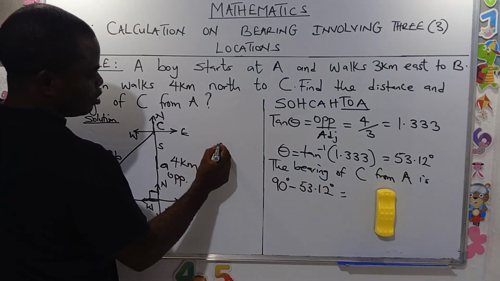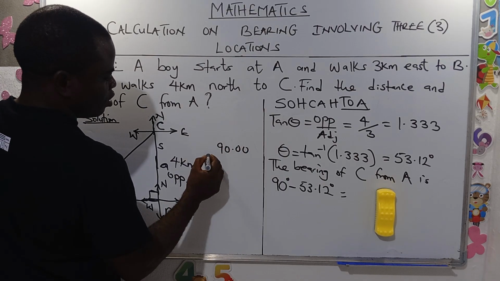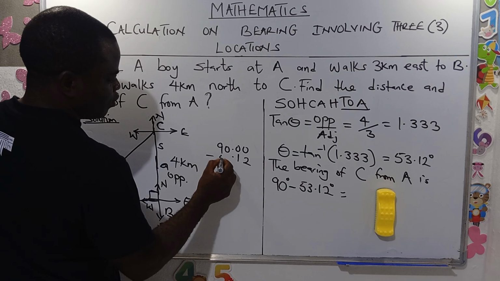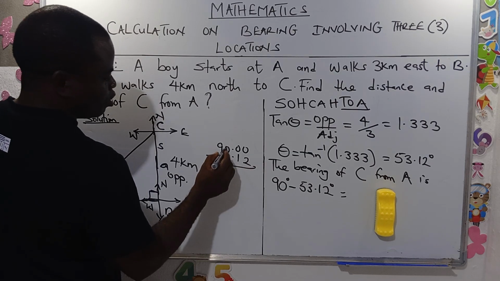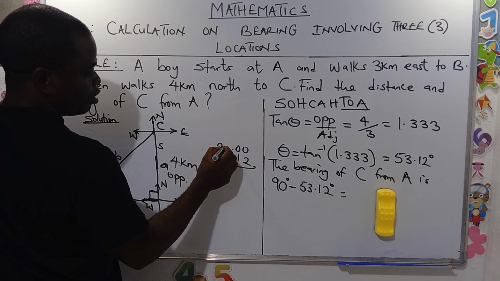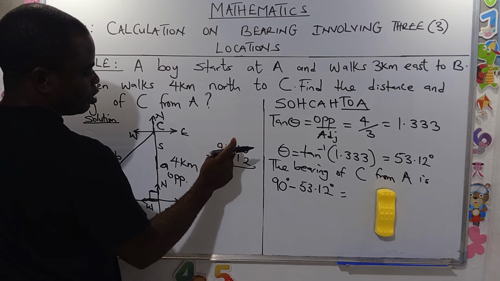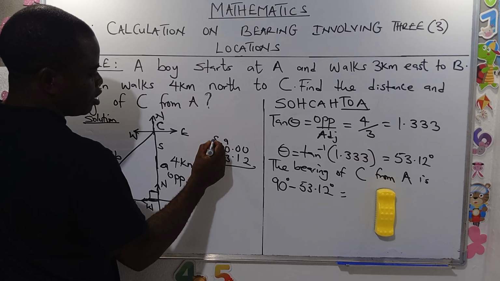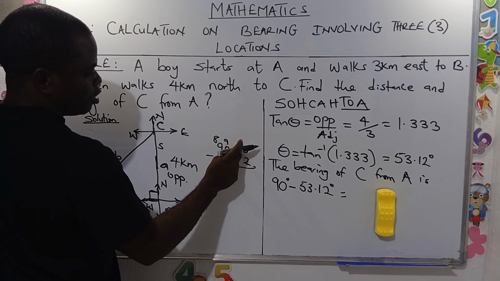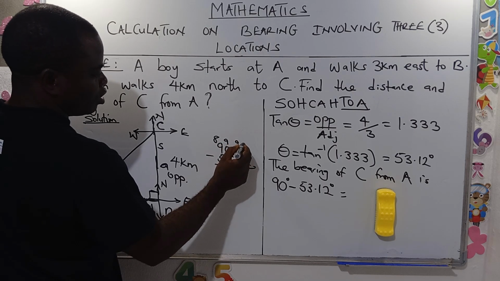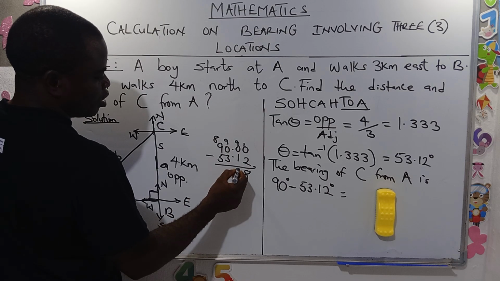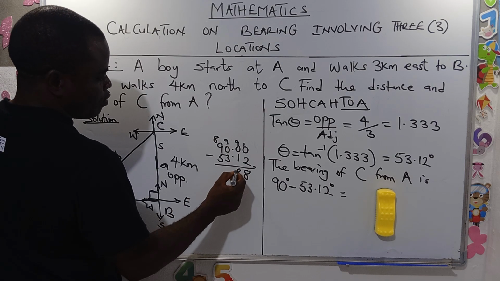Let's do the subtraction. 90.00 minus 53.12. Borrow from the 9, the 0 becomes 10, and we keep borrowing across. 10 minus 2 is 8. 9 minus 1 is 8.